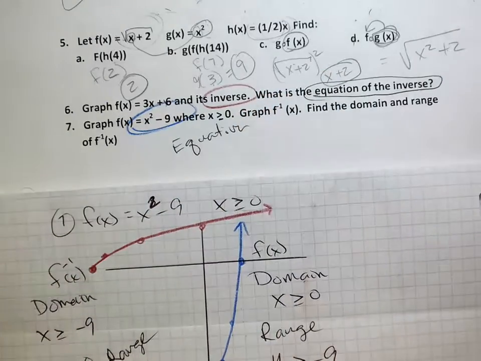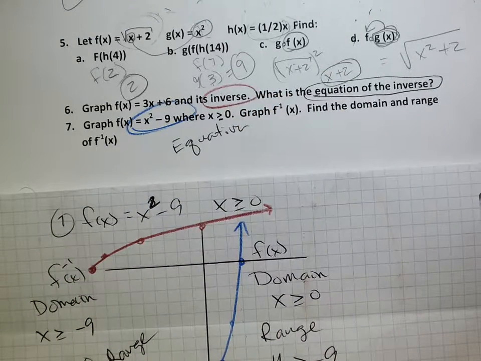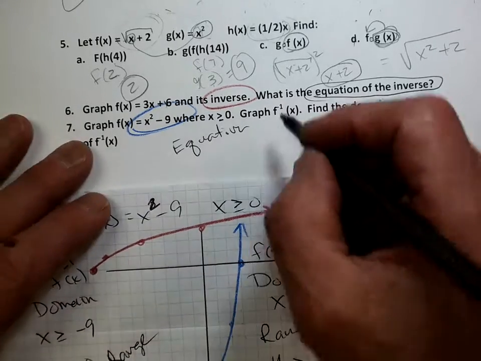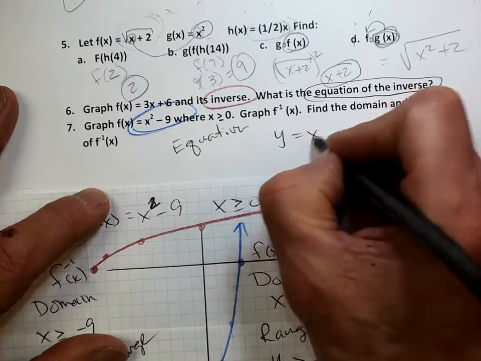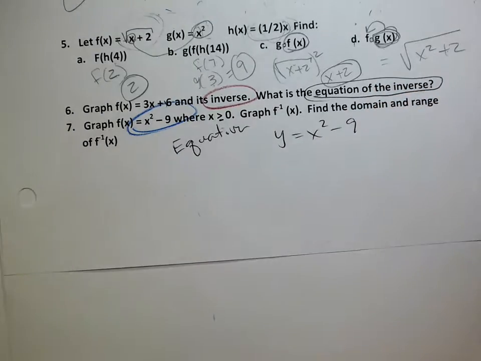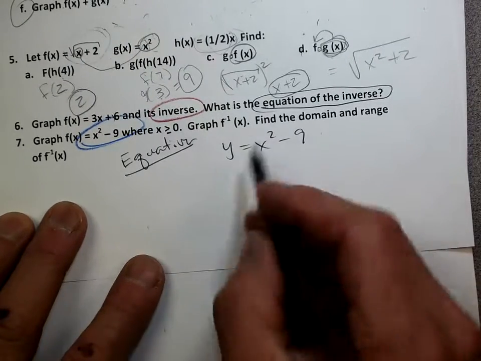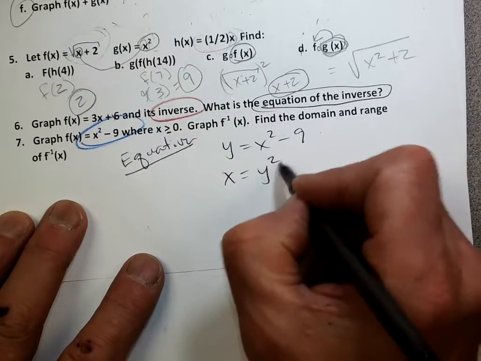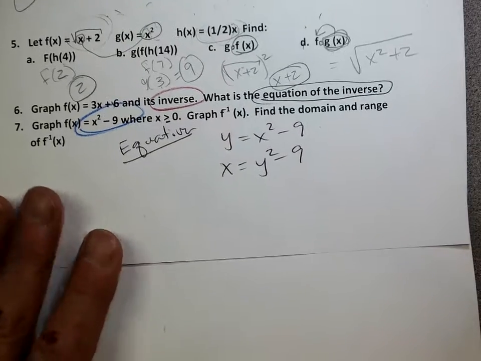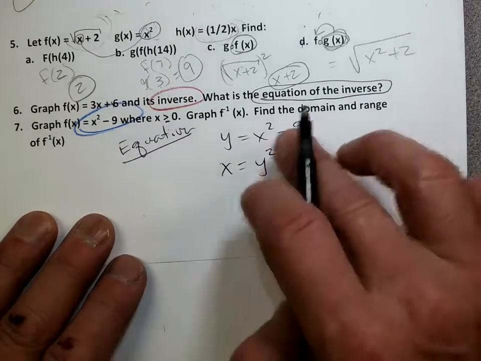Okay. Two ways. One, I know it's a square root graph, but you might not, right? So if you take our y equals x squared minus 9, right? And I switch them, x equals y squared minus 9, right? Bring over the 9, right?